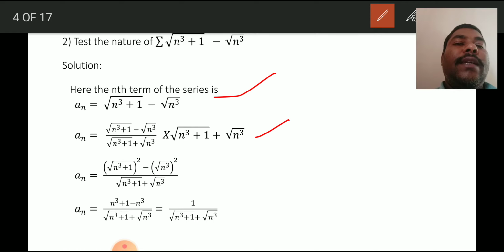At the numerator we have the form a minus b into a plus b, that is equal to a square minus b square. We have to use that formula, and after simplification we get 1 by (square root of n cube plus 1 plus square root of n cube).